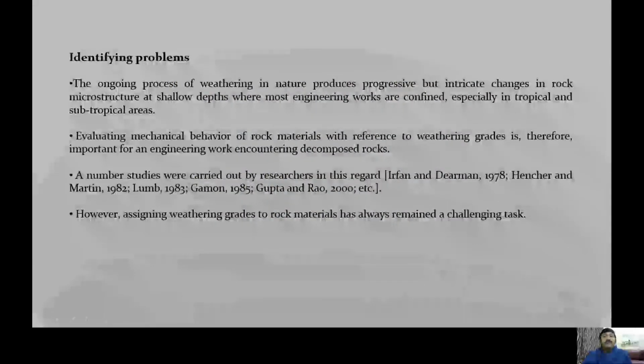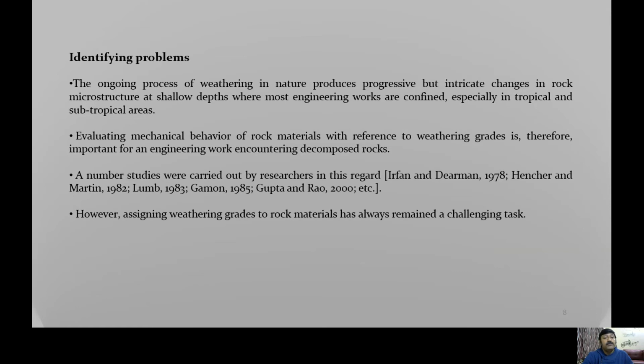If we state the definition of the problem, we can state it like this: the ongoing process of weathering in nature produces progressive but intricate changes in rock microstructure at shallow depths where most engineering works are confined, especially in tropical and subtropical areas.